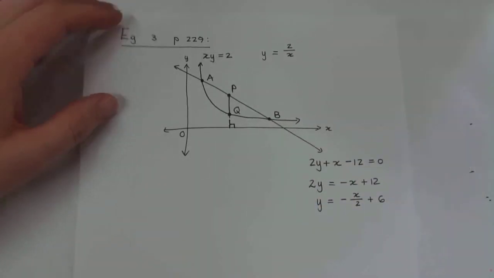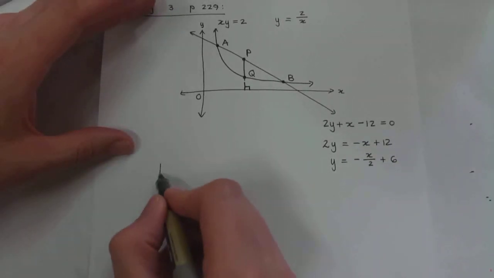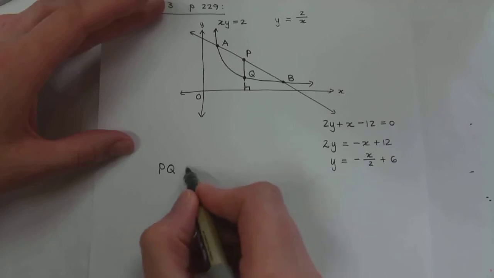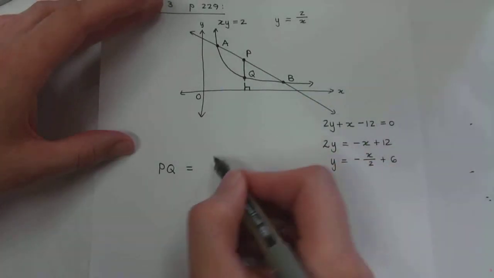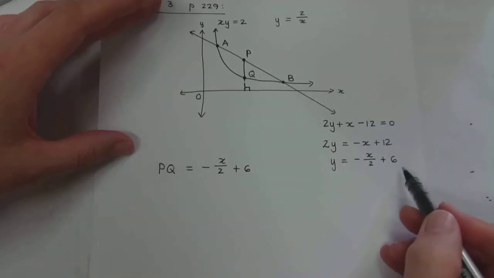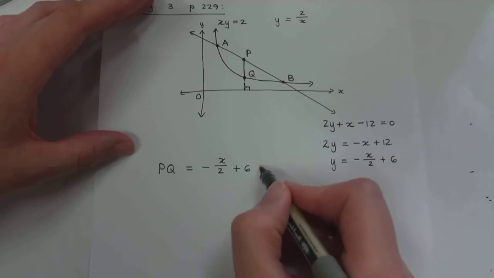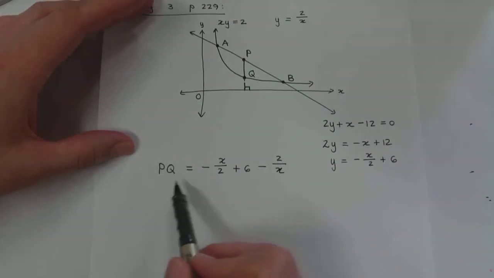Now hopefully you guys will remember that if I want to get the length between two graphs, or the distance between two graphs, in this case PQ, I need to say it's the top graph, which is minus x over 2 plus 6, minus the bottom graph, which is 2 over x. That's how I find the length of PQ.